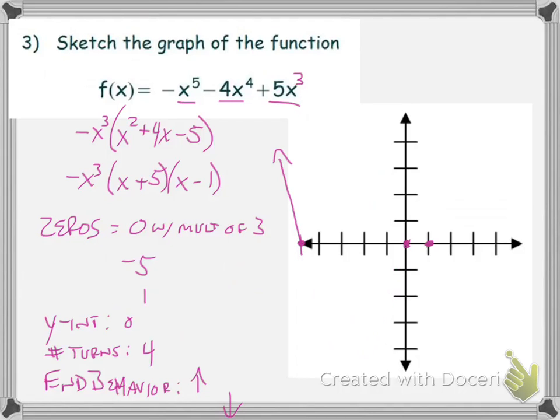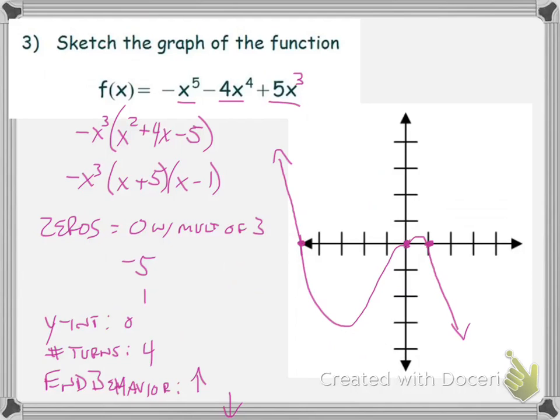What happens at this part, because it's a multiplicity of 3, it kind of has that cubic turn like that. I'm going to try to draw it as best I can. And then it goes back down through that last 0. So that's a sketch again of the graph, what it's going to look like.